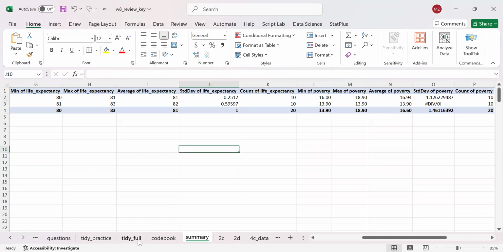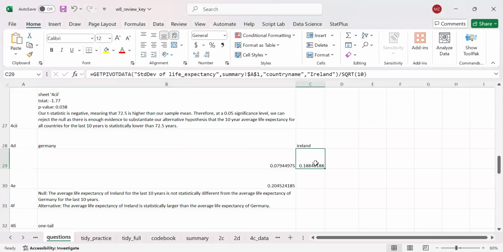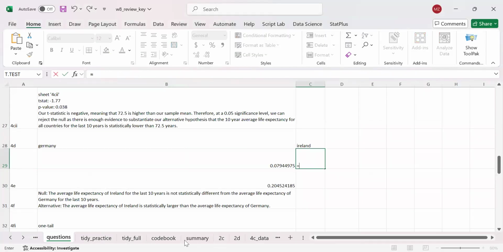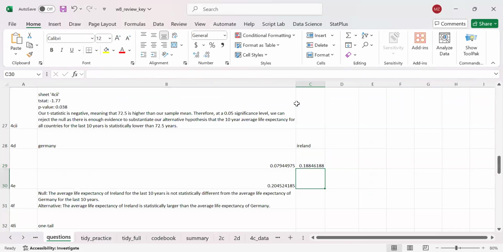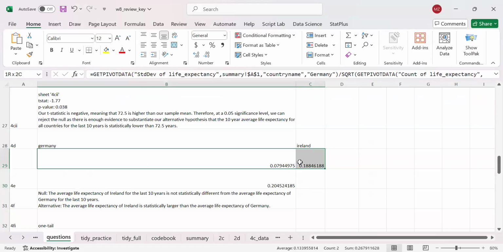And then similarly for Ireland, we can do the same thing. We go here, pick the standard deviation, and that divided by the square root of the count. So these are the two standard errors for Germany and Ireland, right? And then the pooled standard error is just the square root of the sum of squares of these standard errors.